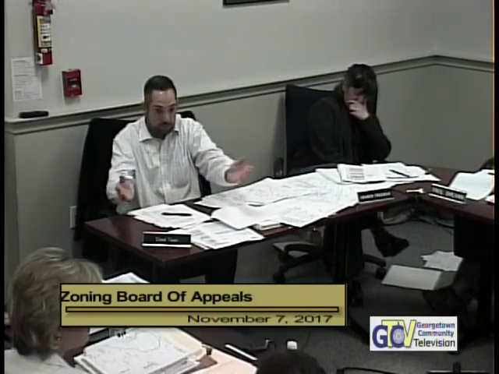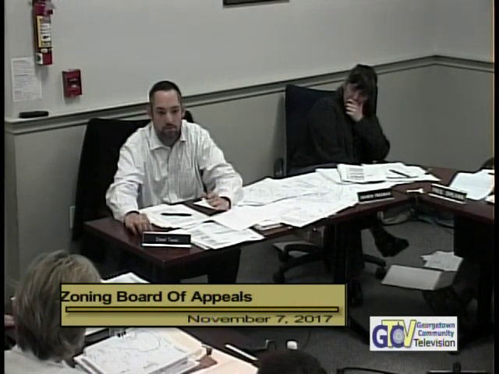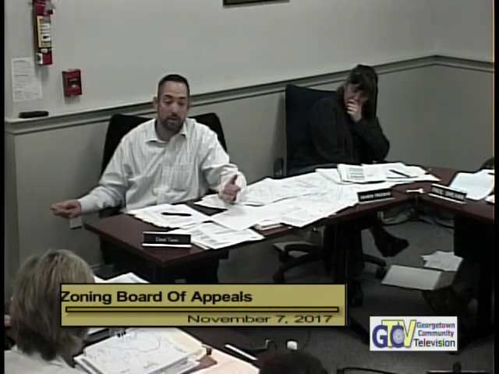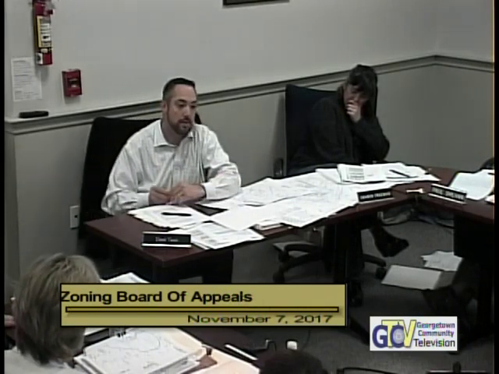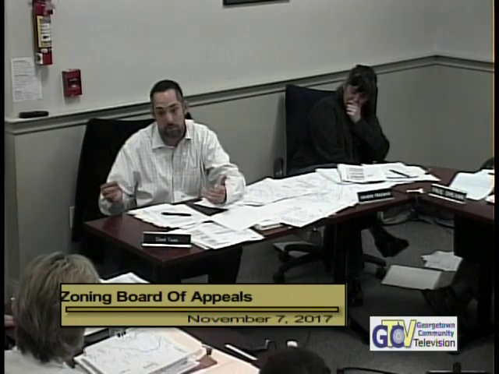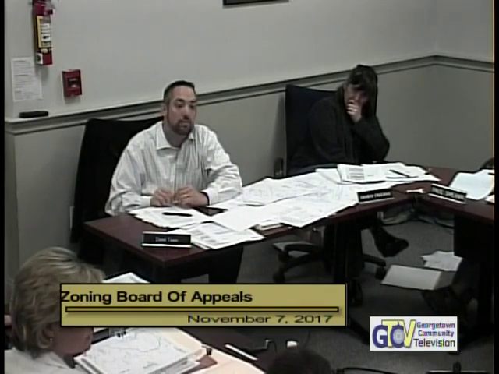Maybe the answer is, I can't do anything, and that's fine. I just want to know now if there is something, and that's part of the plan, because maybe that's a benefit, or maybe it's not and it's not going to change. There isn't a change to the entrance proposed right now.